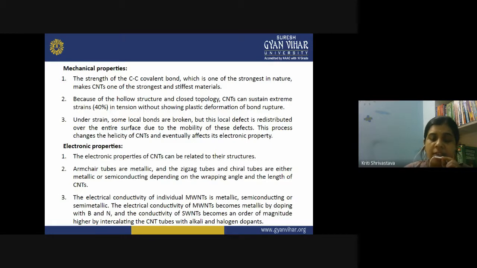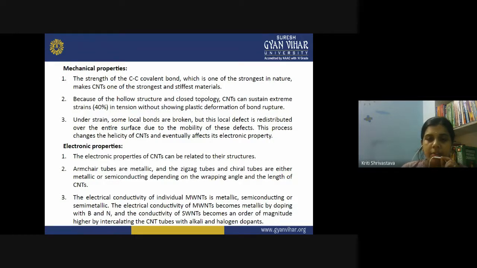And even if under that strain some local bonds are ruptured, suppose some bonds are also ruptured under that strain, so what will happen? That defect will be redistributed over the entire surface. Why is it so? Because of the mobility of these defects. Suppose a very high strain is applied and there is some local bond rupture, there is certain deformation at some point, then what will happen?